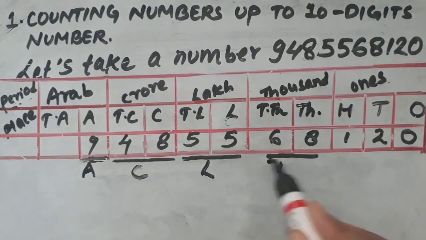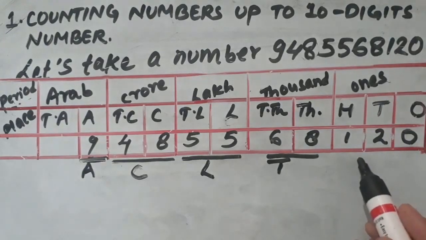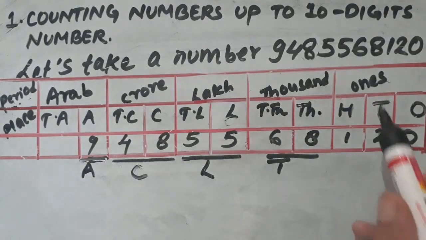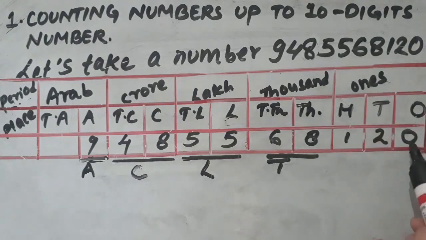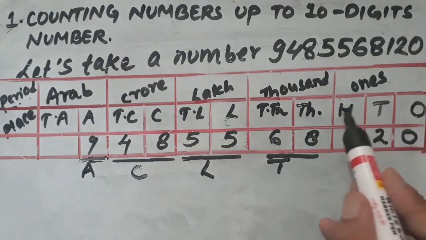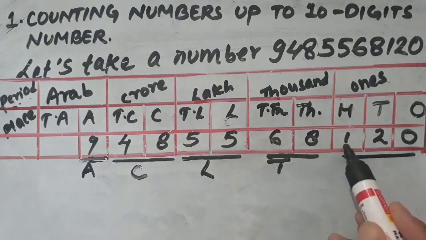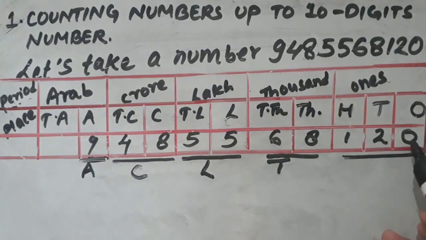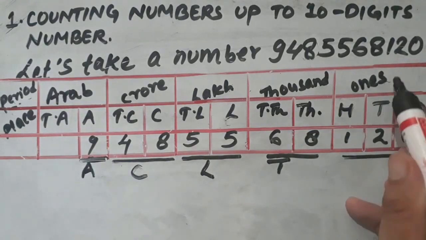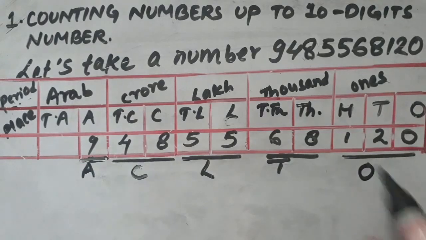Let's write T for 1000. And students, as I have already told you, ones includes 3 places, that is ones, tens and 100. So these 3 digits 1, 2 and 0 come under the period of ones. So students, now let's write the number name.